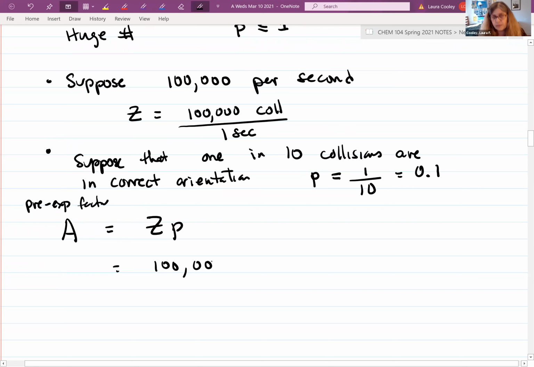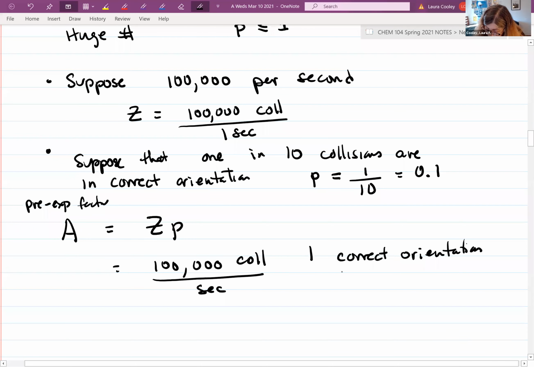I'm just going to use some dimensional analysis here. 100,000 collisions per second times 1 correct orientation for every 10 collisions. Okay, that's the 1/10 thing.